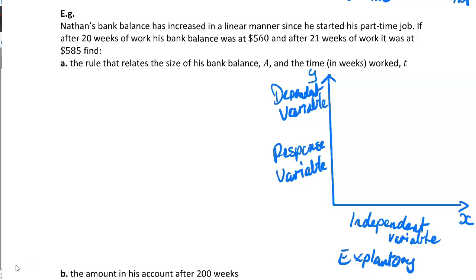So we've got Nathan's bank balance has increased in a linear manner since he started his part-time job. So his bank balance, so we're talking about his savings.